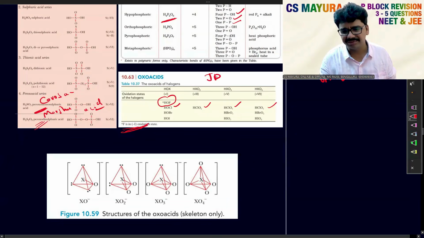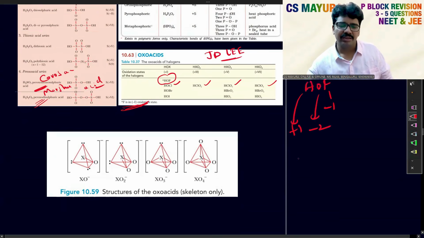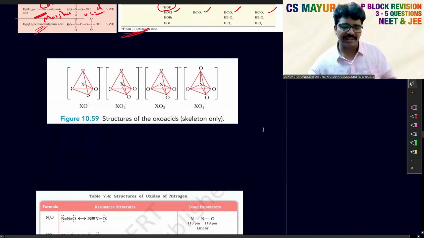This is from JD Lee, one of the standard reference books for inorganic chemistry. In JD Lee it was mentioned that the fluorine oxidation state in HOF is -1, not +1. So fluorine is -1, oxygen is -2 and hydrogen is +1.